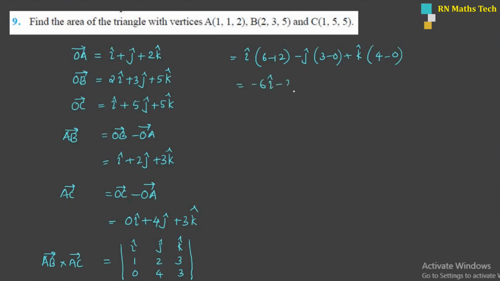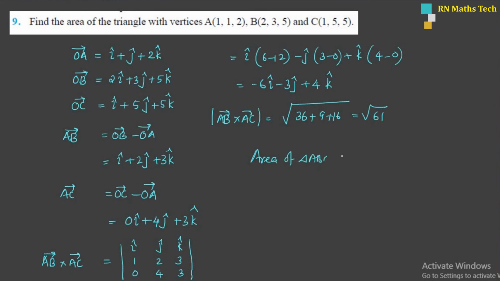That is minus 6i minus 3j plus 4k. Modulus of vector AB cross vector AC is equal to root of 36 plus 9 plus 16, that is root of 61. Area of triangle ABC is equal to half mod AB cross AC, that is equal to half root of 61 square units.